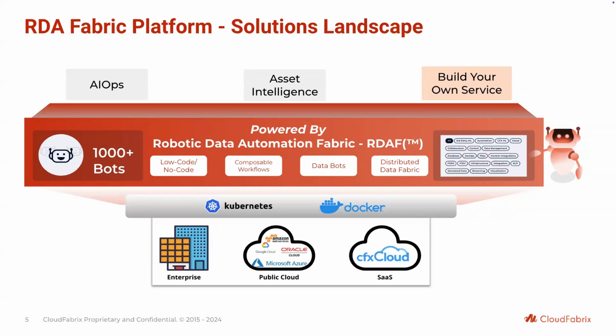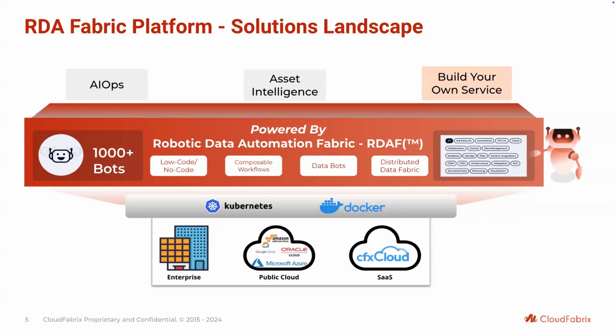That means it can be deployed on-premise, in a Kubernetes cluster, or in plain vanilla Docker containerized environments. It can be deployed on-premise and in public clouds like AWS, Azure, and GCP, or it can be offered as a fully managed SaaS offering as well.